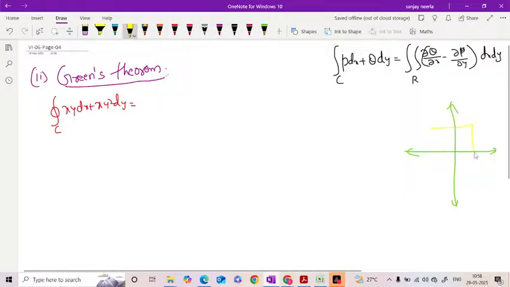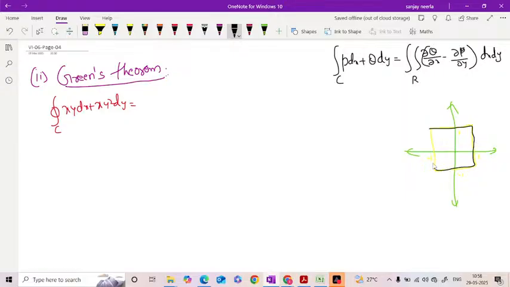So the x limits are plus or minus 1, the y limits are plus or minus 1. So this is our region.